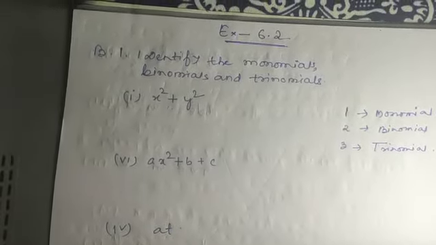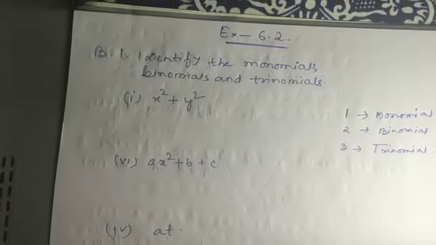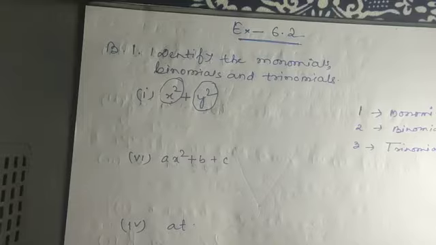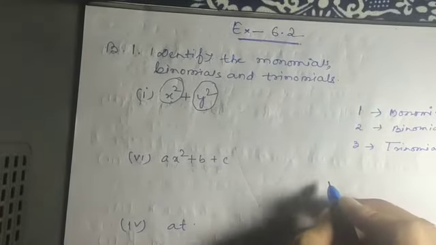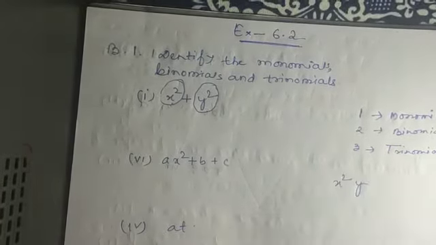So let's see question number 1. x square plus y square. This is one term, this is another term. The terms are separated from each other by the sign plus or minus. If in a term, say x square y, these two are not separated by the sign plus or minus, there is no sign, that means multiplication is there.